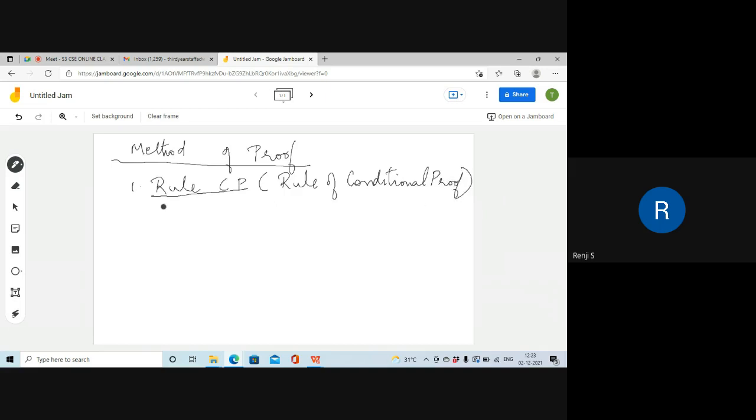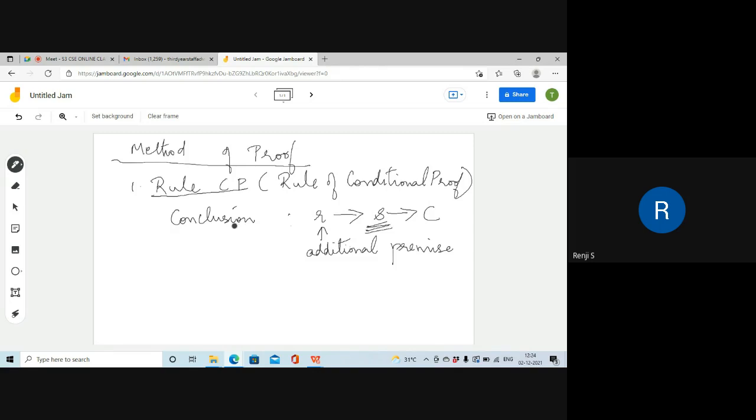This rule says that if the conclusion is of the form R implies S, then you can take R and add it to the set of premises as an additional premise, and then along with the given premises and this additional premise R, you have to reach the conclusion S. That is called rule CP.